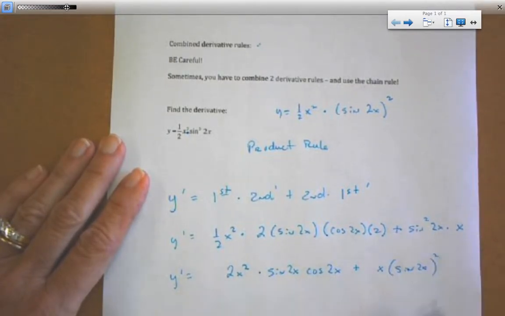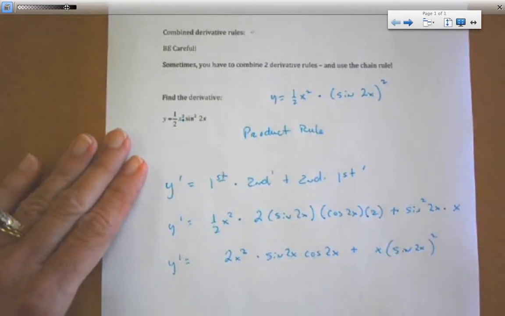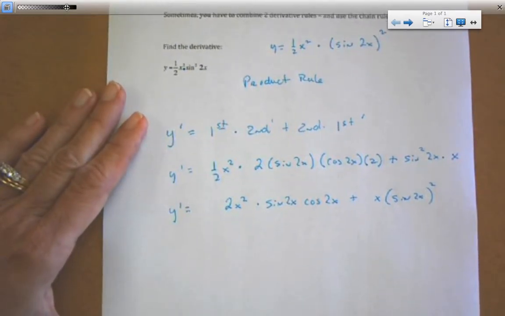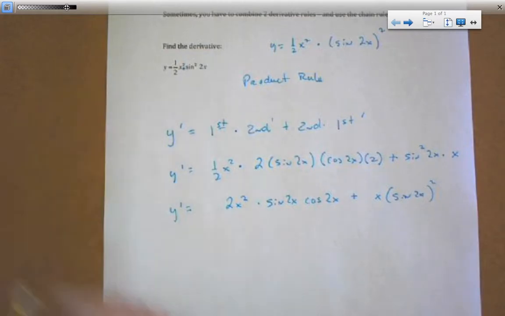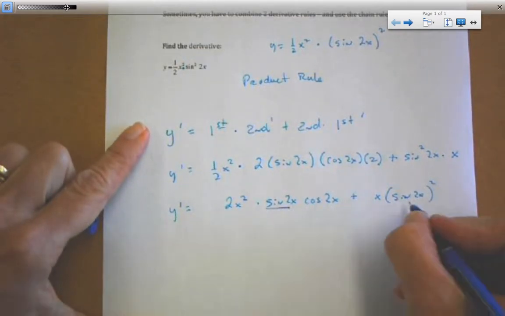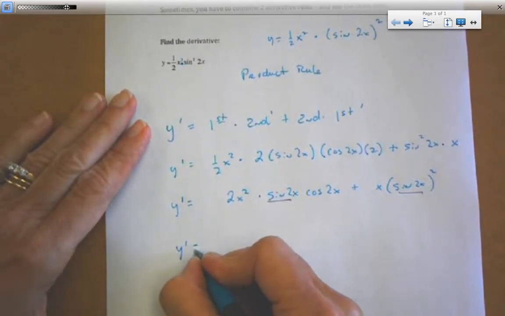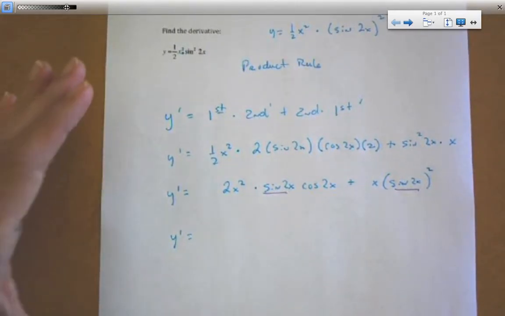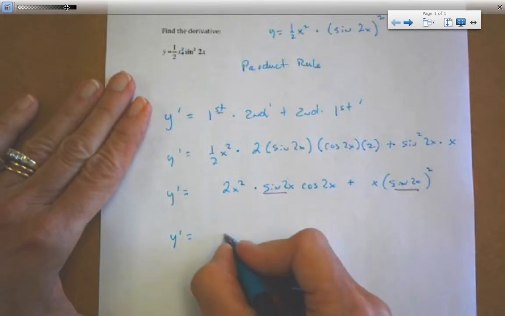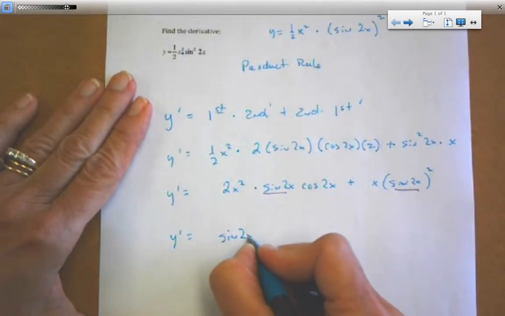And I'm going to write it as sine 2x squared so it becomes really clear that I can still factor. Notice that now sine 2x is a common term. We're going to become really comfortable with factoring as we go forward here. So sine 2x factors out.